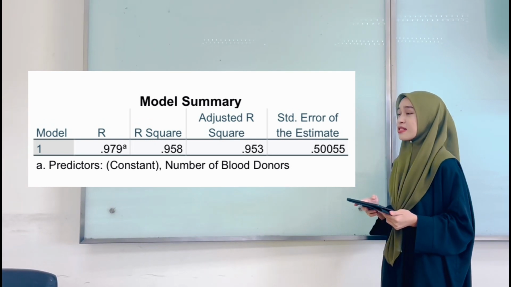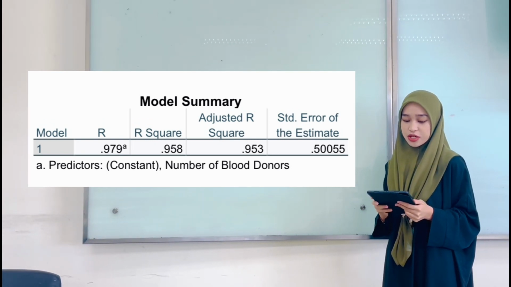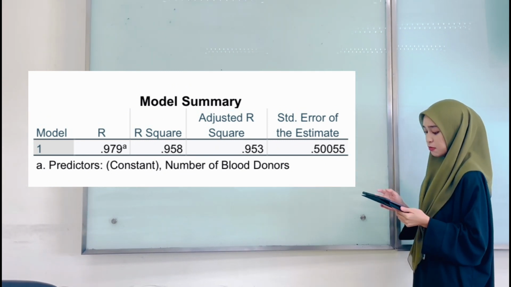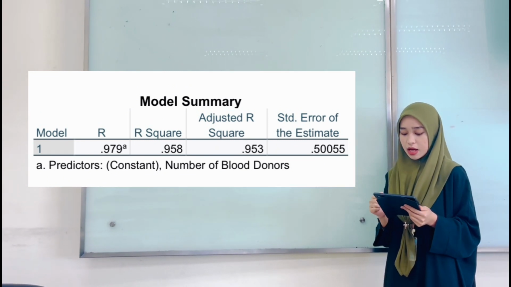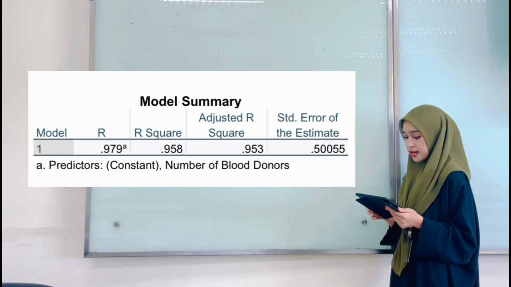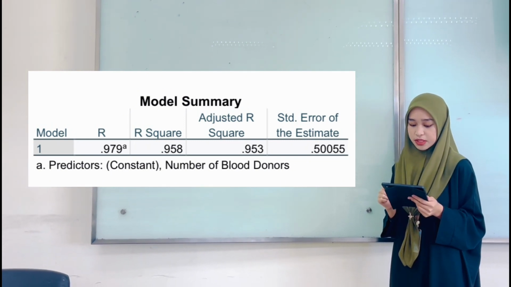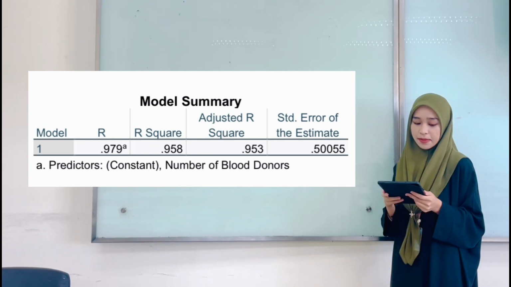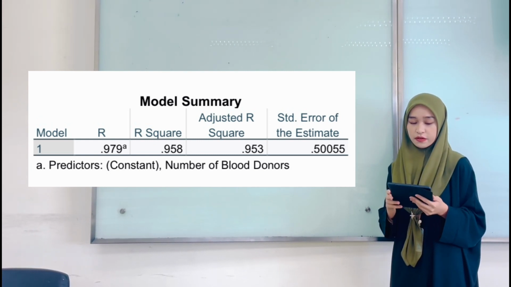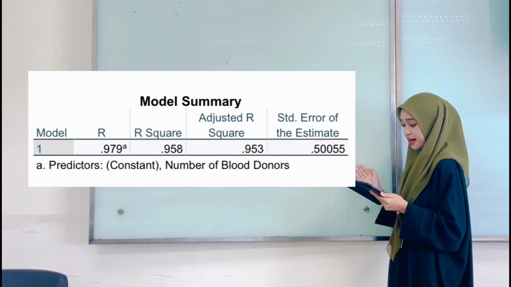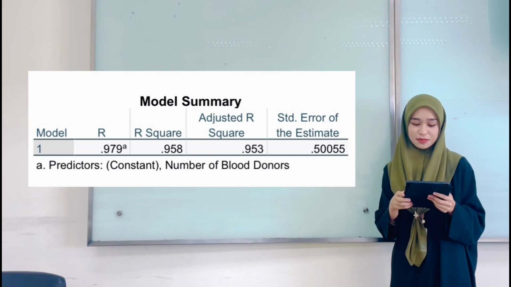The last part, 3.3, is correlation and regression analysis. As we can see, the Pearson product moment correlation coefficient r is 0.979, so there is a strong positive linear relationship between number of blood donors and number of blood packets. For the coefficient of determination r squared, we multiply r by r, so we get 95.8%.